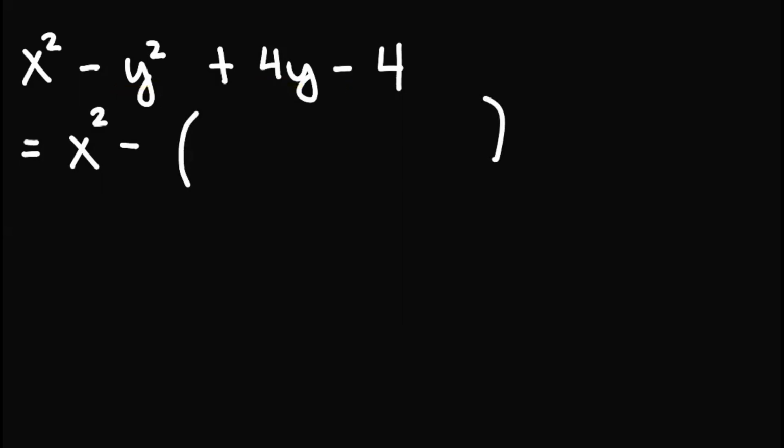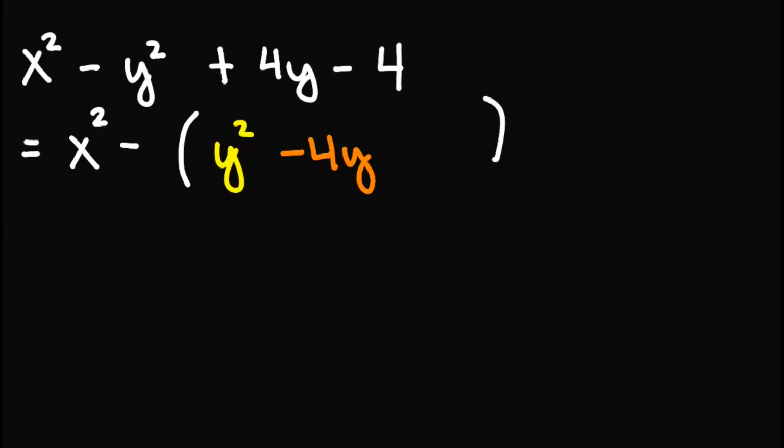So if we'll have a minus sign out here, y squared will be positive, since if we distribute this one, it should become negative out here. On the other hand, positive 4y should be negative 4y, since if we distribute the negative sign, negative times negative becomes positive.